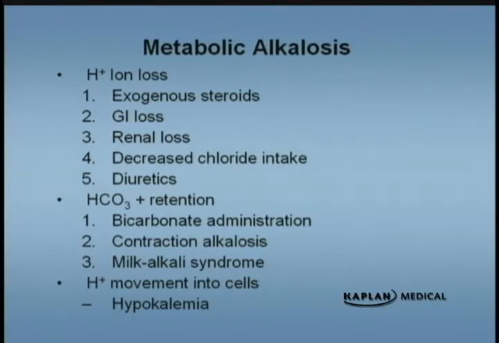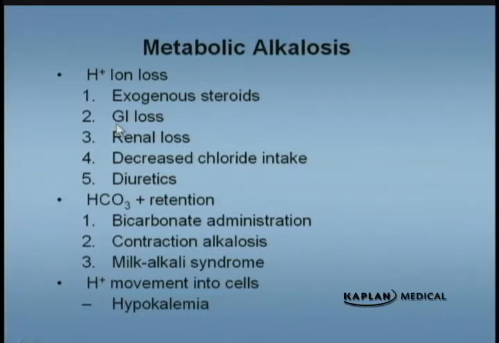Because potassium must come out of the cell, and hydrogen ions get driven inside the cell. The same way, when you give exogenous steroids, steroids have aldosterone-like capacity. So the aldosterone-like capacity of those exogenous steroids drives the potassium to be lost and hydrogen ions to be lost.